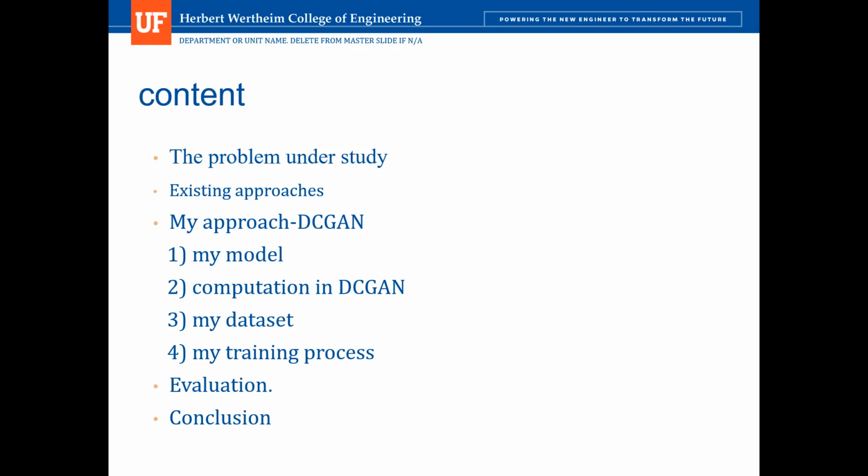I will introduce my DCGAN model, what DCGAN I built, the main operations of DCGAN, my dataset for training DCGAN, and my realized training steps. And I will evaluate whether my DCGAN performance is good enough to make a good face recognition, and I will make a conclusion at the end.